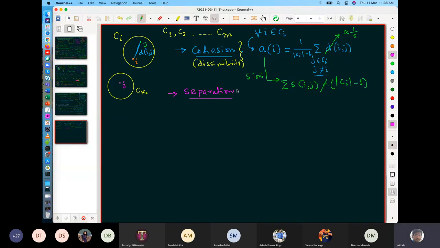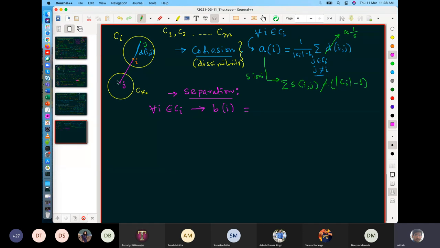To measure the separation factor, I need to see the distance between these 2 points. Let's say bi for point i. For all i in a cluster, I measure this.